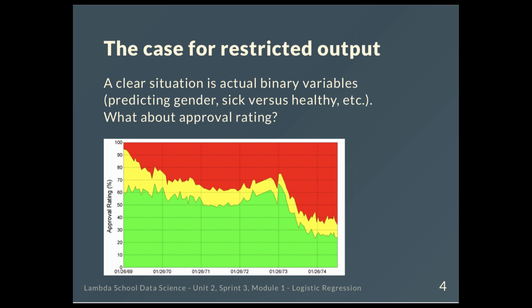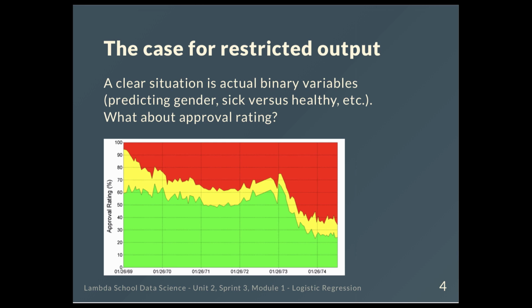What about approval rating? This visualization is the approval rating of President Nixon, and the green is approve, the red is disapprove, the yellow is indifferent, and it's over time, and we don't need to go into the history of the 70s in depth, but certainly Nixon's career did not end on a high note, and we can see that in this plot.